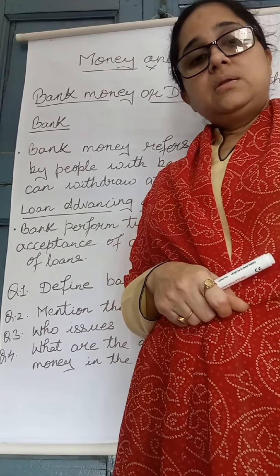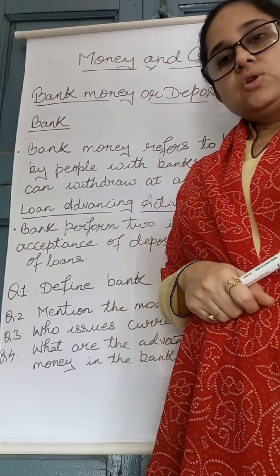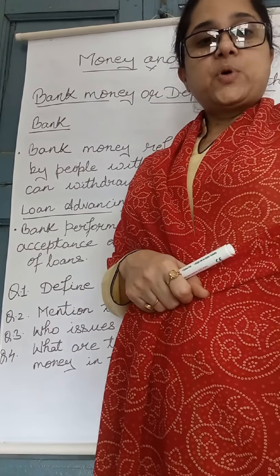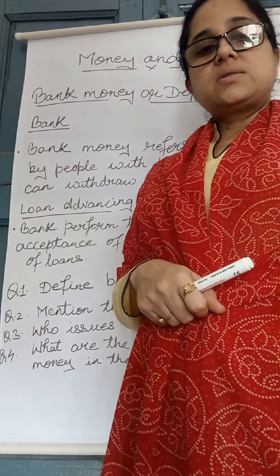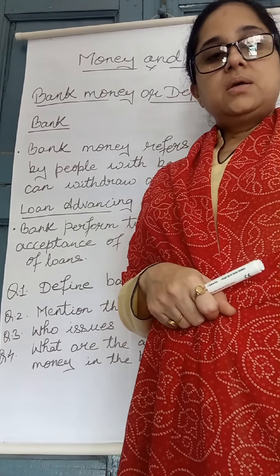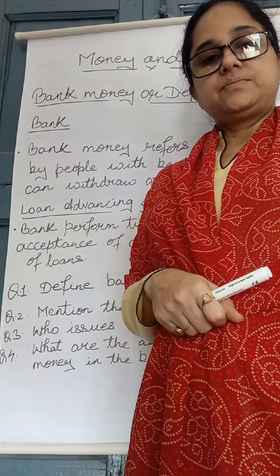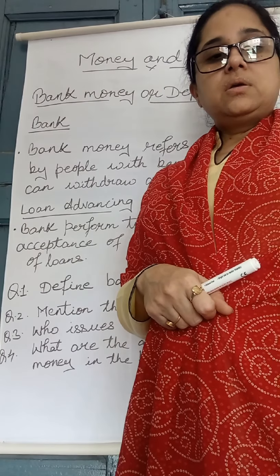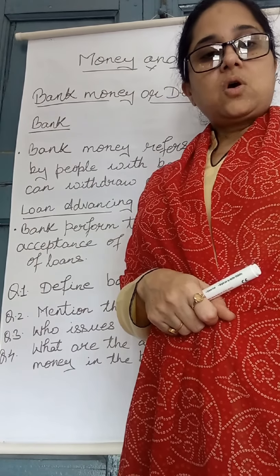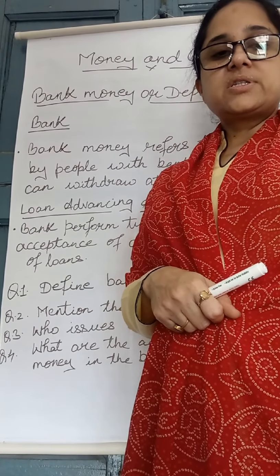But this does not happen. Normally, some portion of total deposits is demanded by some depositors at any time. Banks keep only a small portion of their total deposits as cash reserves with them.